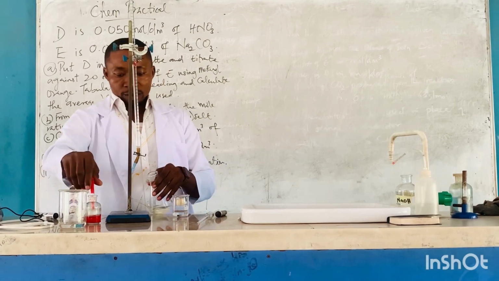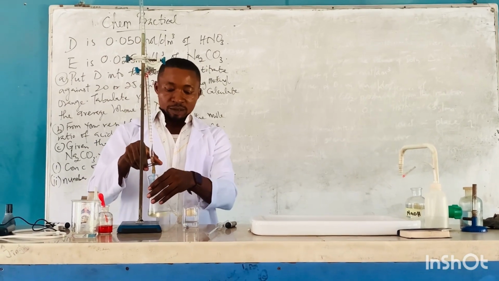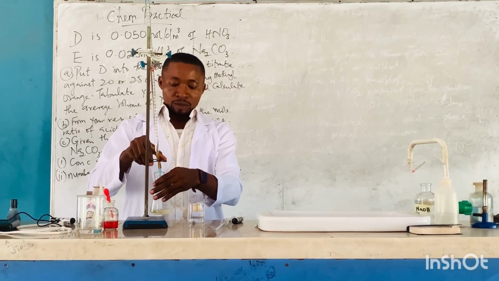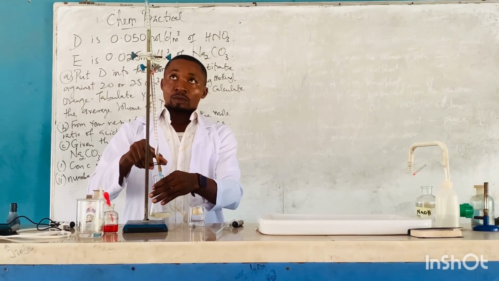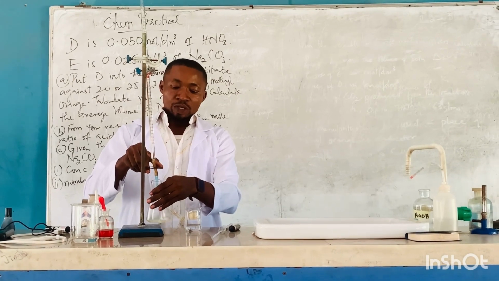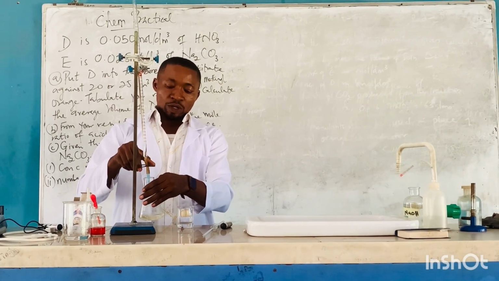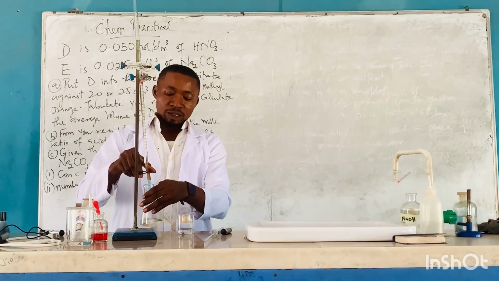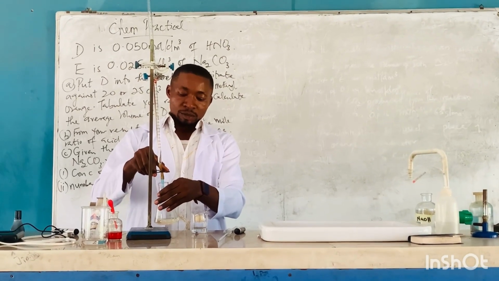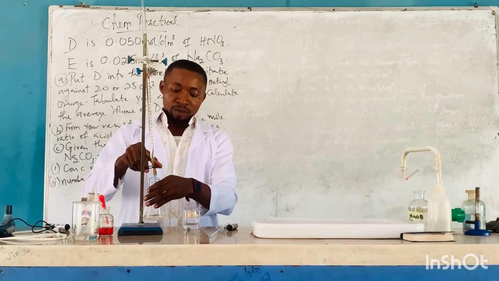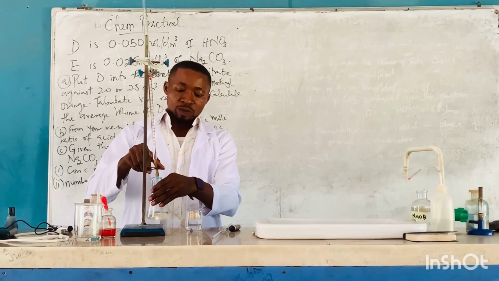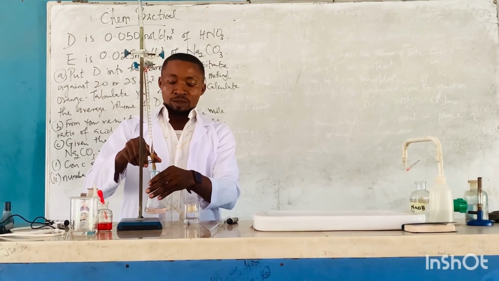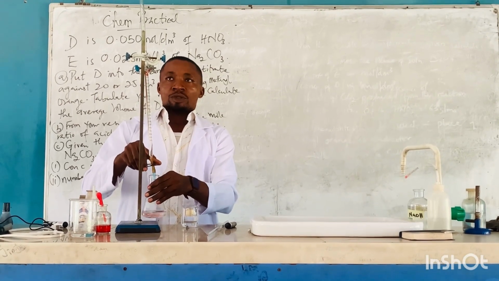Then you begin to titrate. You don't need to look at the numbers, you just watch the color change. That point when it changes to pale pink, kind of peach, you stop.